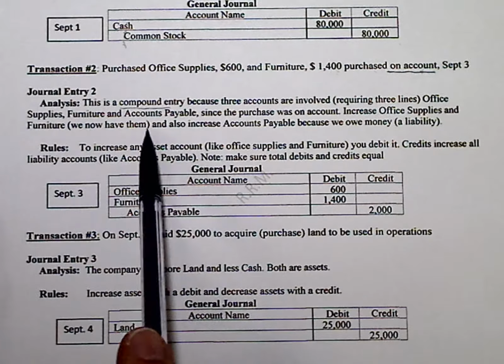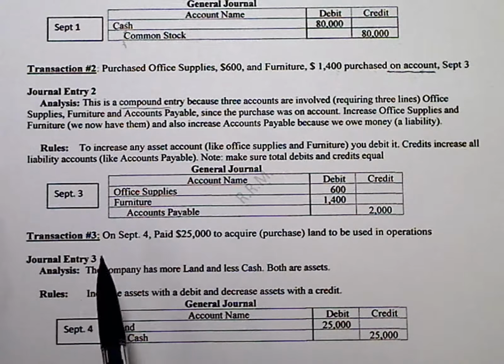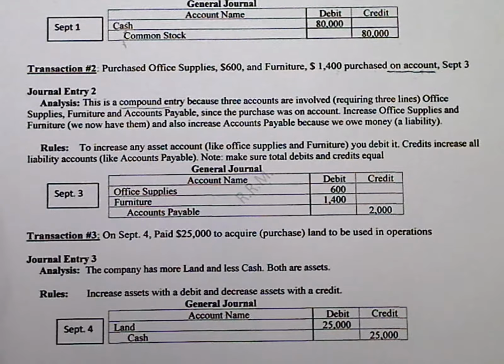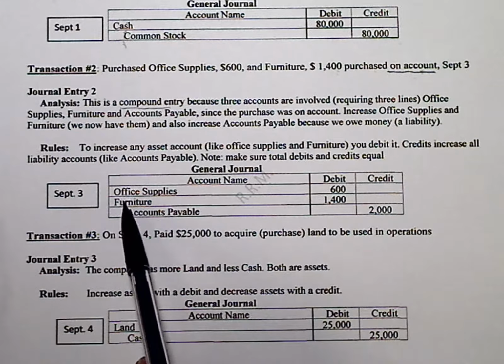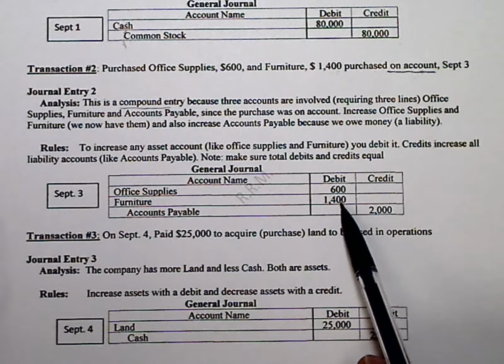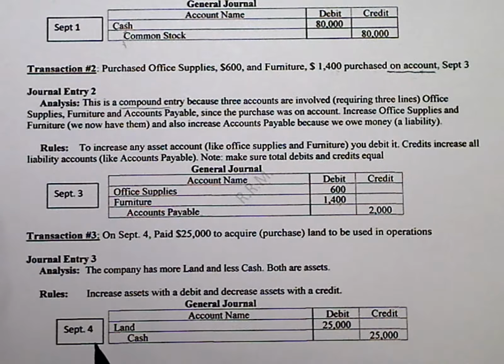That's the analysis. Look at the rules. How do you increase asset accounts? You've got to be able to identify that office supplies are valuable. They're an asset. Furniture is an asset. You increase the 2 asset accounts. You write those first. And you increase the liability account, accounts payable.